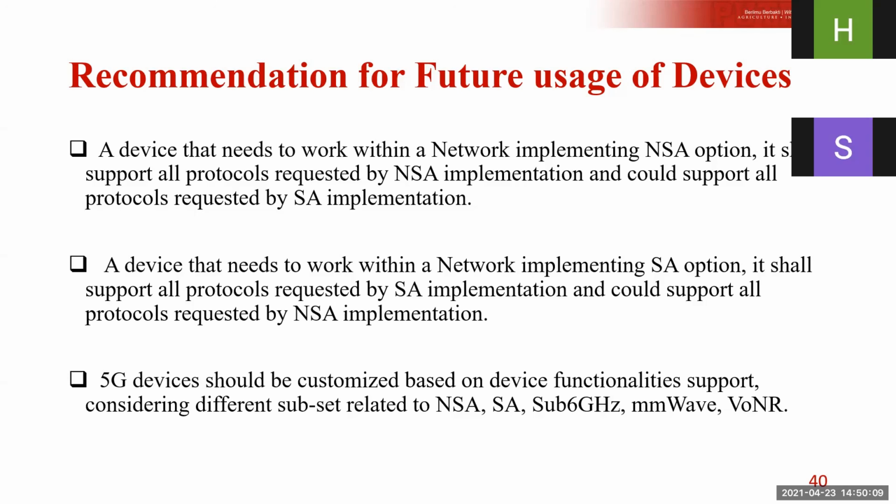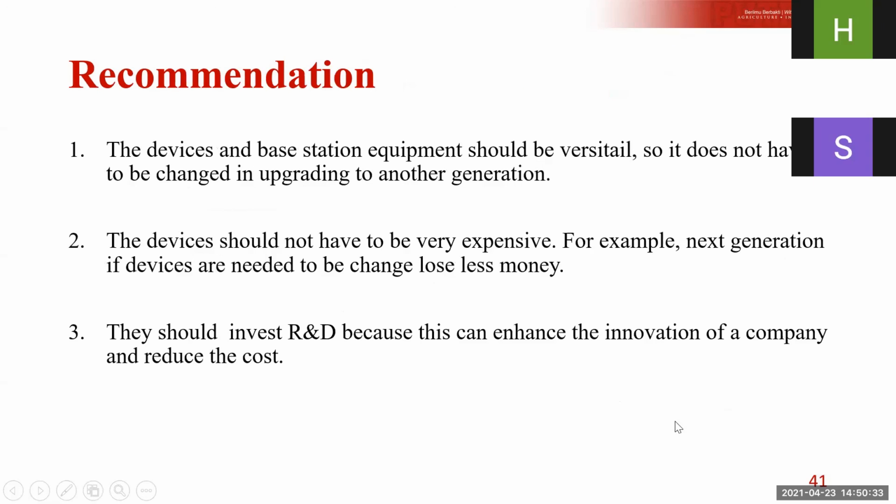They should support all protocols for standalone as well. And standalone should support non-standalone, and non-standalone should support standalone, because this will continue. Now we are using 5G, but after maybe less than a decade, there will be 6G as well, and so on. The devices that support 6 GHz should support millimeter wave as well, standalone or whatever.